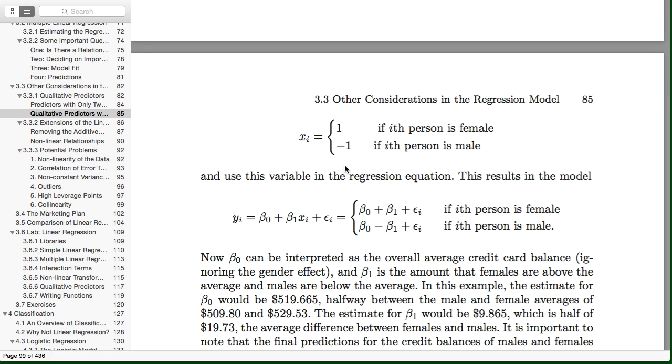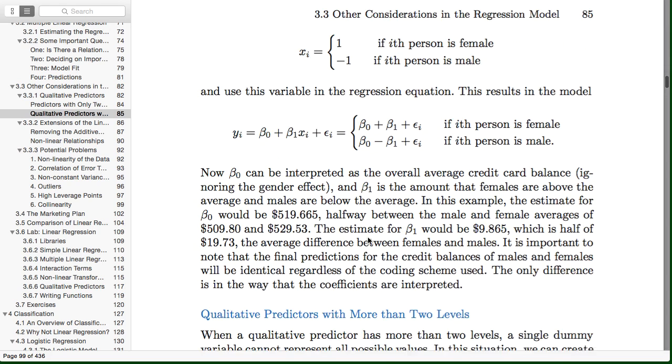Then the result would be 519 for beta naught, and for beta 1 we would get half of the difference. If we add this difference to beta naught, we get the amount for females, and if we subtract this amount, we get the amount for males. So that's just a different, more cumbersome way of coding it in, I think. So I don't really see people doing that.